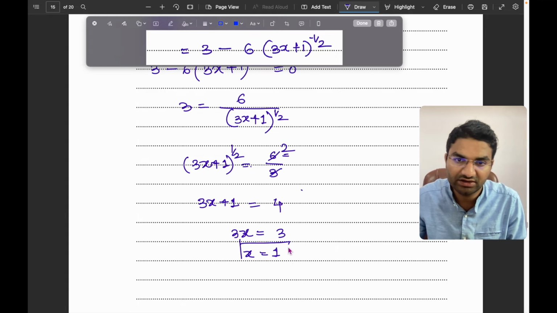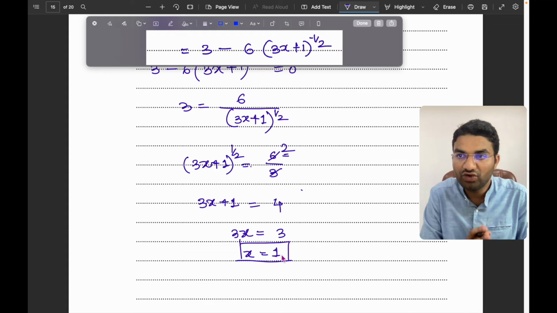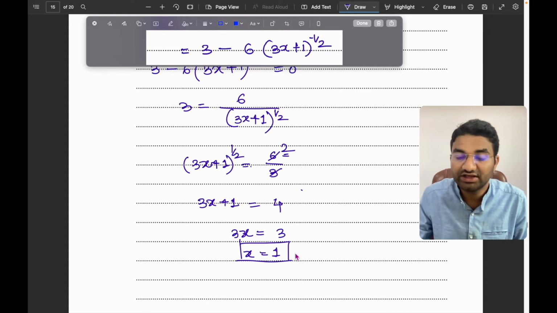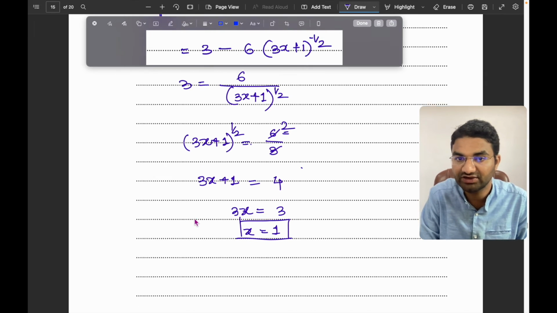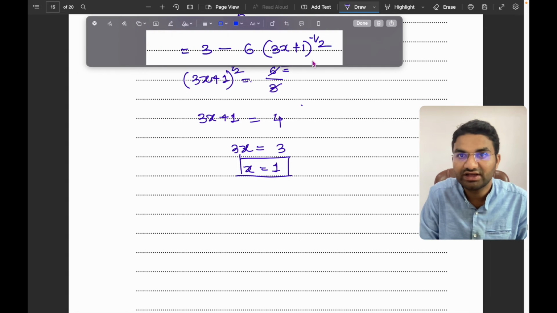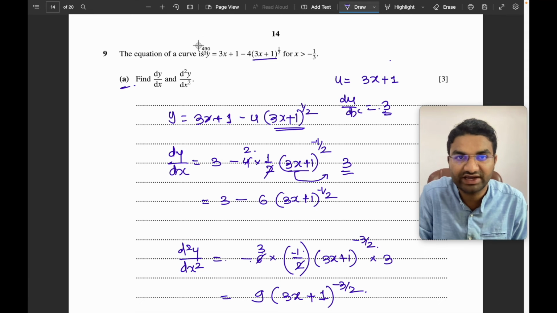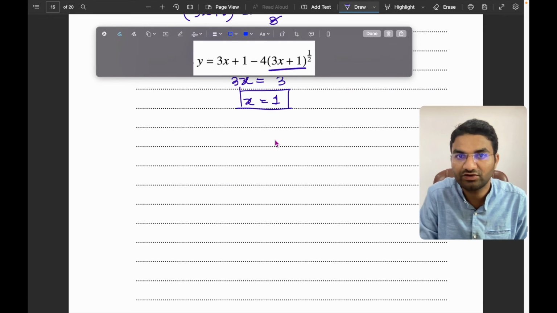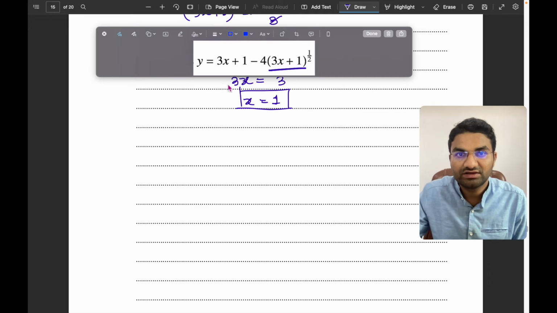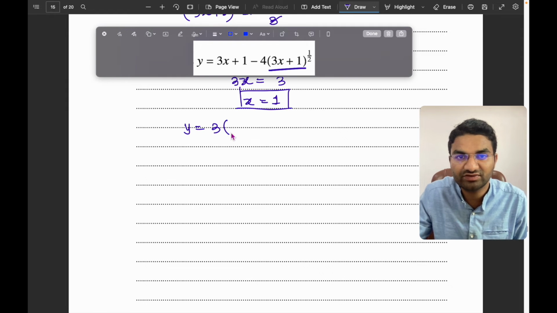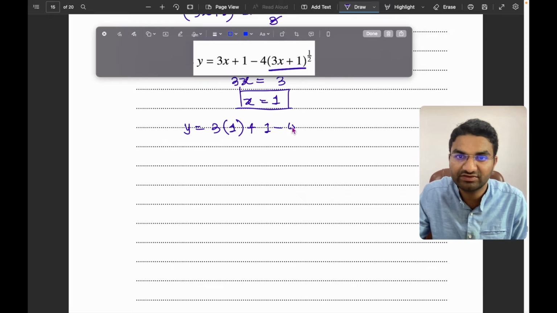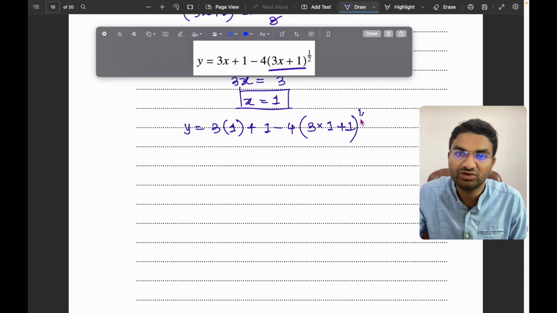You will get x equal to 1, fine. Now you have to put this 1 in the given original equation so that you get the stationary point. Stationary point means turning point, right? Let's bring out the original question. Here x is equal to 1, so y is equal to 3 times 1 plus 1 minus 4 times (3 times 1 plus 1) raised to 1 by 2.